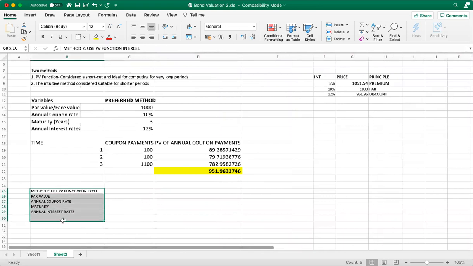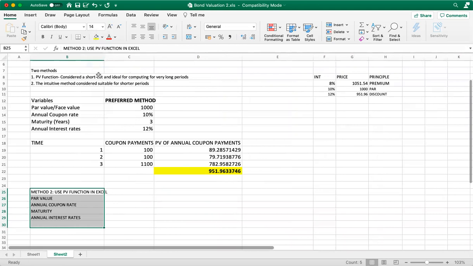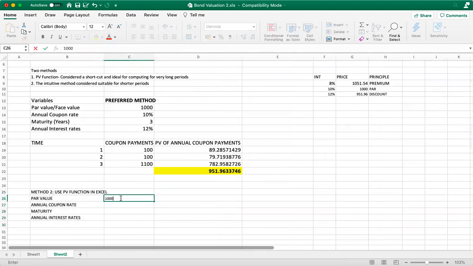Okay, trying to expand this. So par value is 1,000. Coupon rate remains 10%. Maturity remains 3 years. Annual interest rates are 8%.